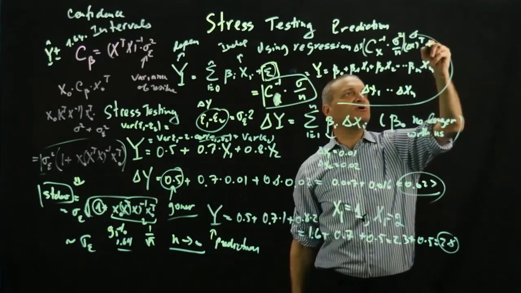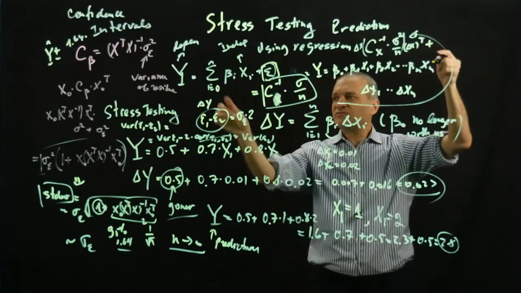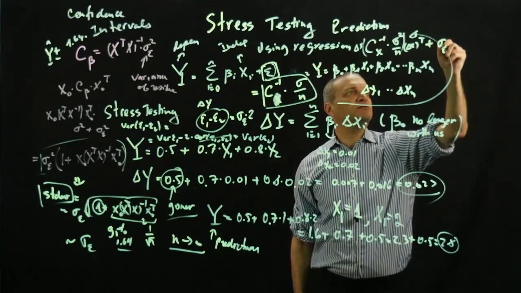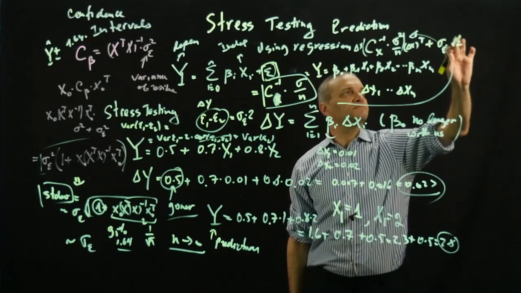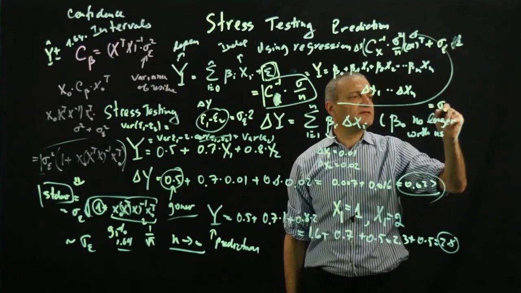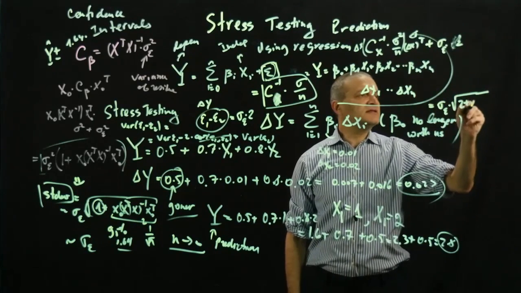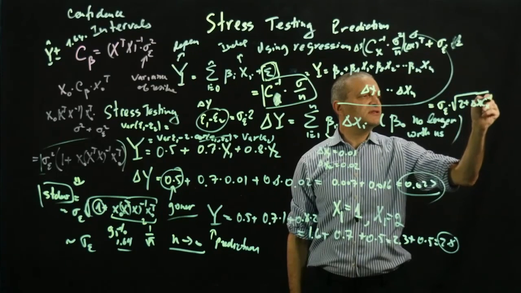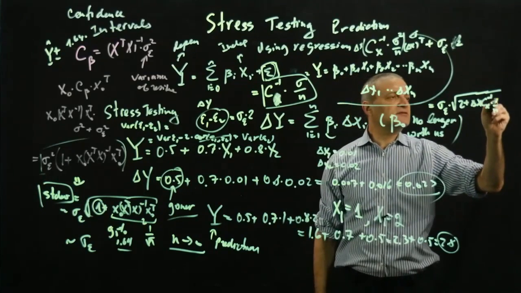But then you are also going to have the stuff that is coming from the epsilon, which is going to be sigma epsilon times 2. So overall you are going to be basically sigma epsilon times square root of 2 plus delta x Cx inverse times sigma divided by n, times delta x transpose.